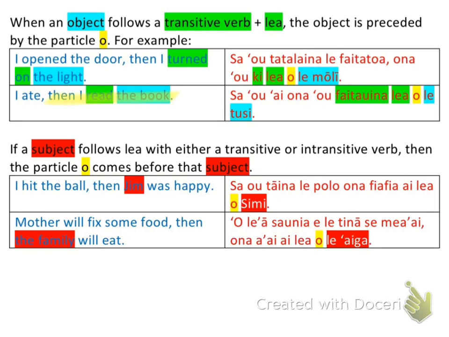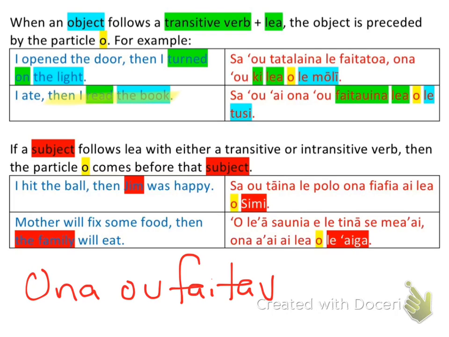So again, I'm going to just do it the normal way that I normally do. So I'm going to say ona, o, and then red is going to come next, phi tau. And then I'm going to end it off like normal. Okay, so this is kind of my green part that I'm telling you about right here, just to keep our colors consistent. So the phi tau and the lea is what I'm saying is this right here. Sorry, the colors aren't completely equivalent.